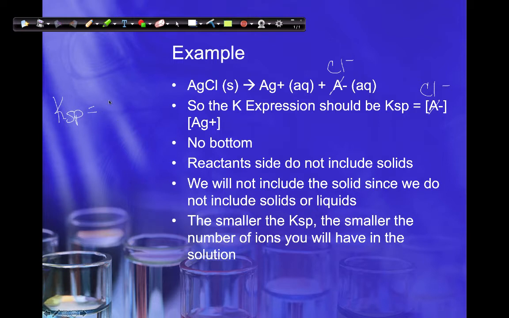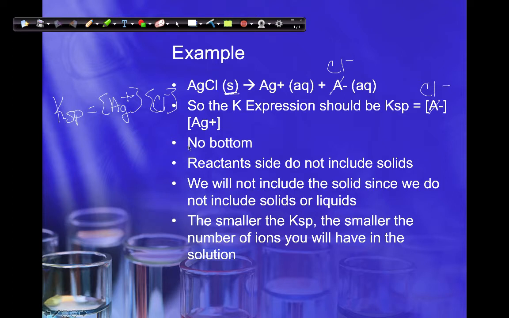So this one would be equal to our products, so silver ions to the power of its coefficient multiplied by chloride ions to the power of its coefficient, which is just 1 to 1 here, and then divided by our reactants. But if you remember, solids are not included in the equilibrium expression.